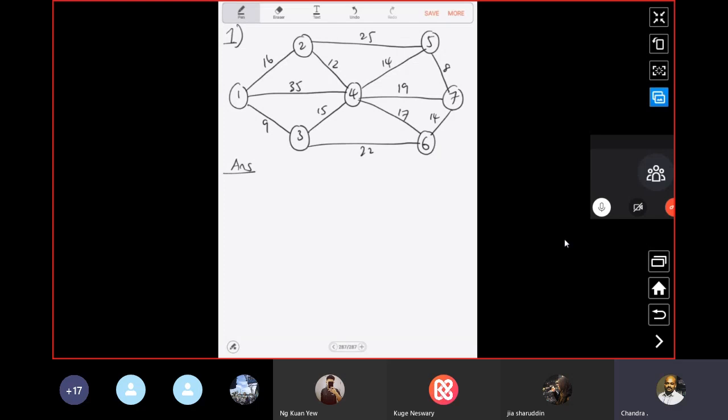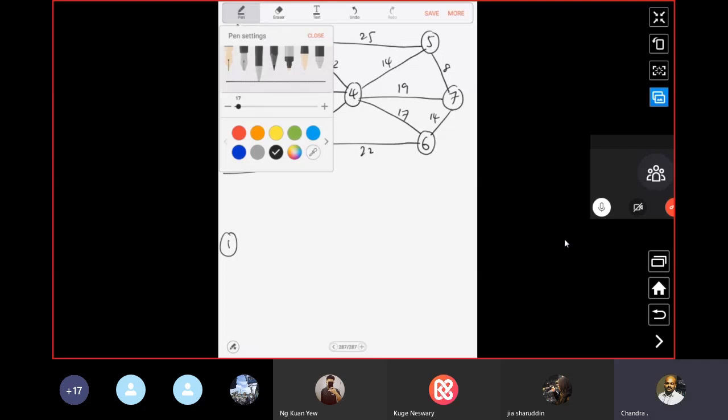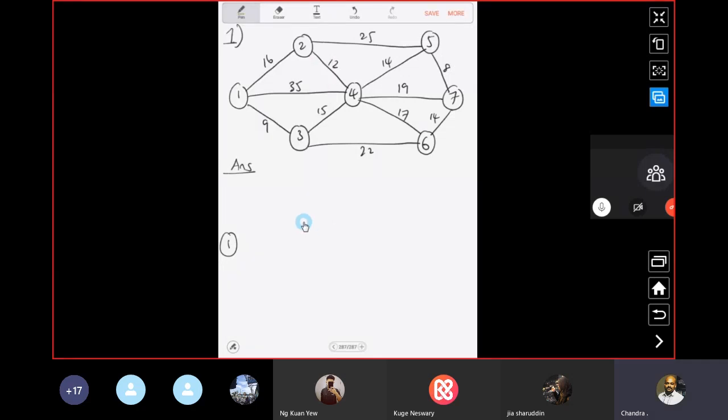We always begin with node 1. What are the towns or nodes nearer to 1? That would be 2 and 3. These are the nearest nodes to 1. How are 2 and 3 connected to 1? There's only one way, through 16 and 9. There's only one option, so this would be the shortest route from 1 to 2 and from 1 to 3.